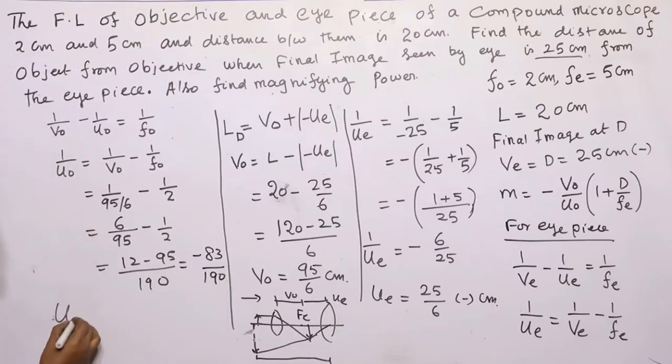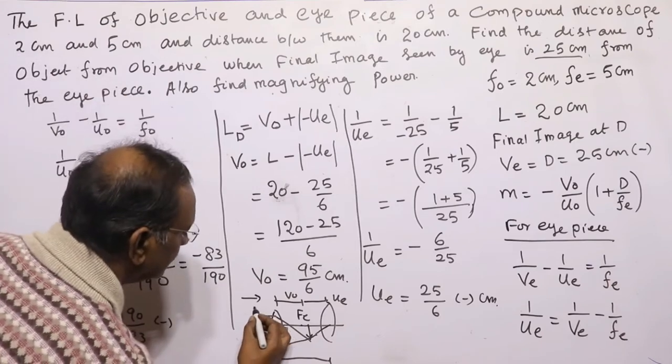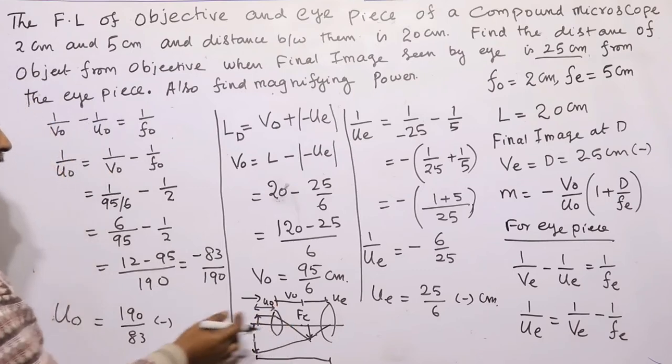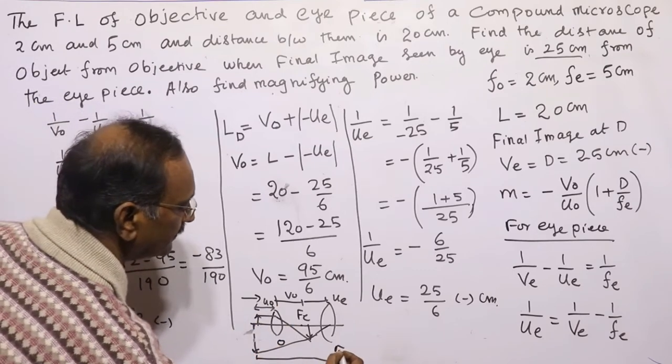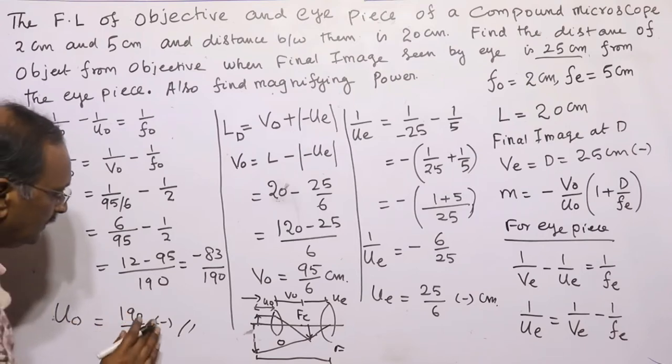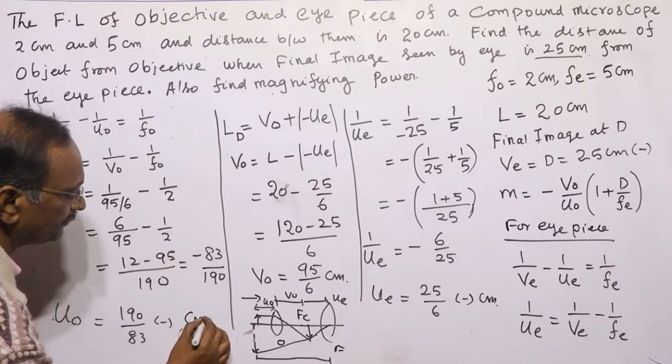Therefore, U naught, the object distance of the objective, is equal to 190 by 83, negative, because the object U naught is in front of the objective. This is the objective, this is the eyepiece. That's why it is a negative value. The object distance of the objective is 190 by 83 centimeter.